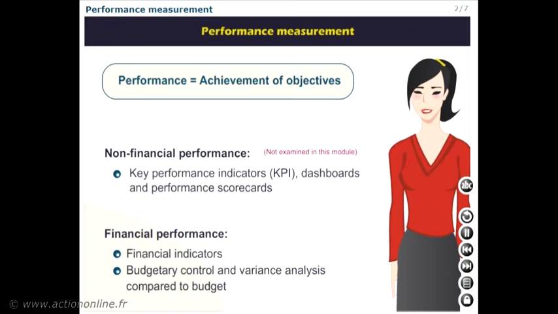It is this approach, generally referred to as budgetary control, that we will be looking at here. This method involves verifying that the actual results obtained are in line with the quantified objectives defined in the budget.